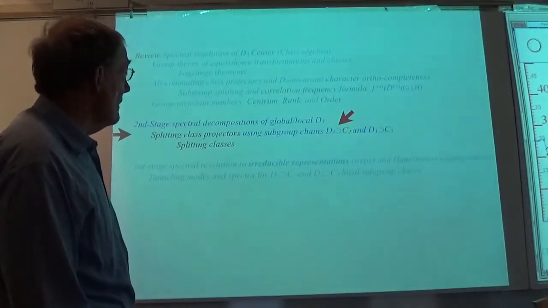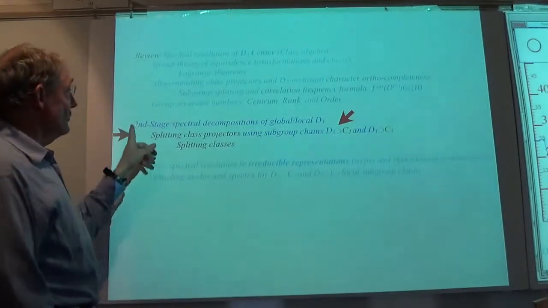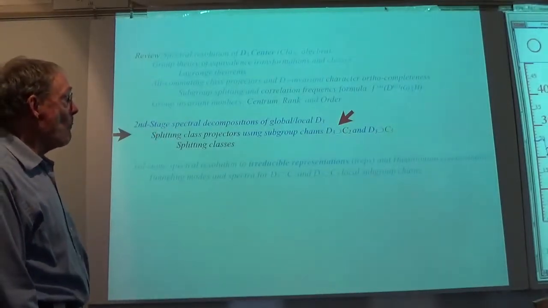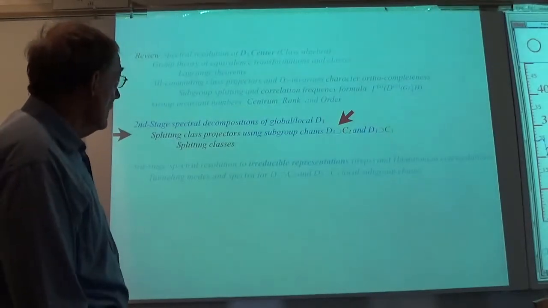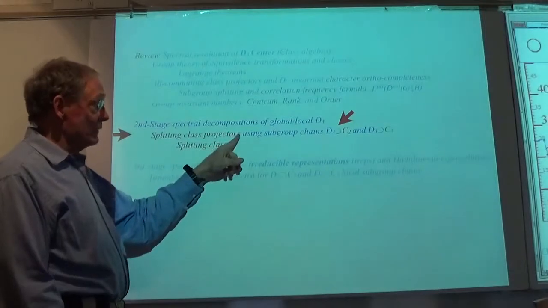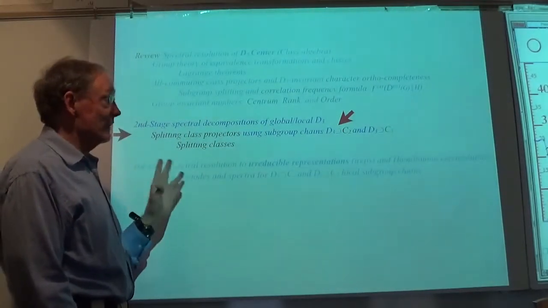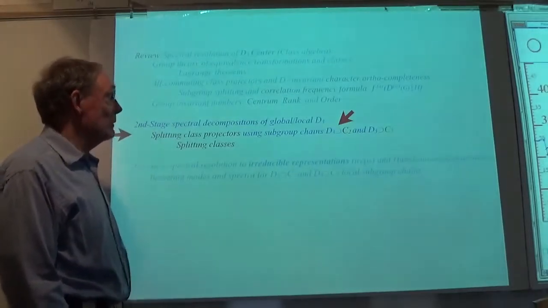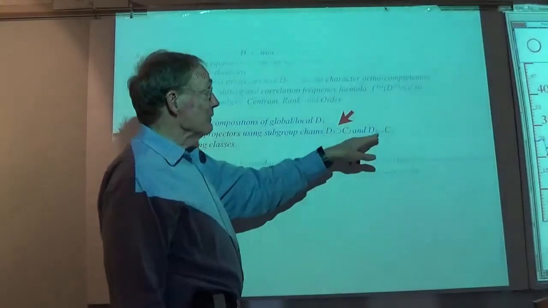We have enough time, I think, to at least make some progress in what we call the second stage of the spectral decomposition. Okay. Now, this is going to be where we split class projectors. Only one of them is going to split. We know which one that is. It's the E, the one with 2 dimensions. But you can split it a number of different ways.